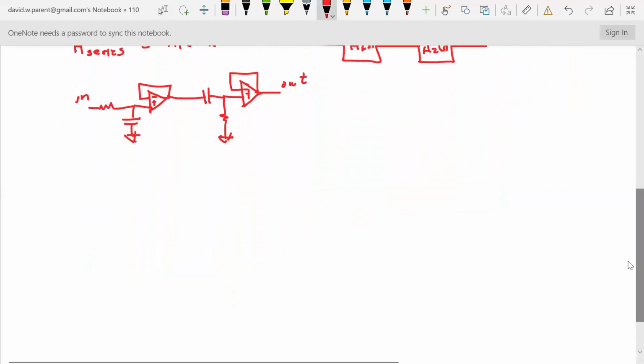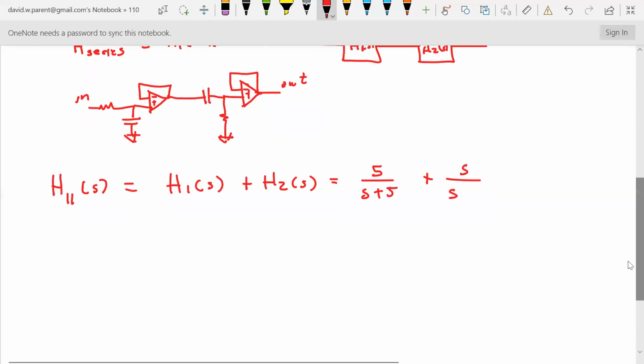What about if we do it in parallel? So let's say H parallel of S. That's just summing. So you have H1 of S plus H2 of S. All right, well, what is that going to be mathematically? Right? Well, we have 5 over S plus 5 plus S over S plus 50. All right, well, we need to combine that.